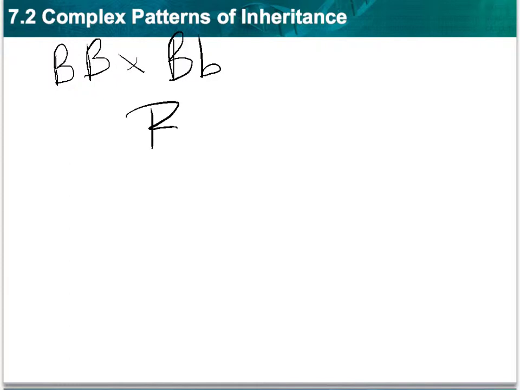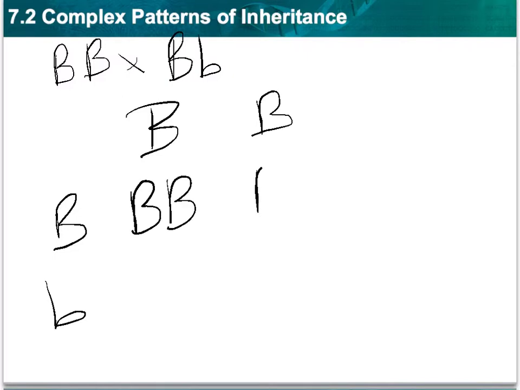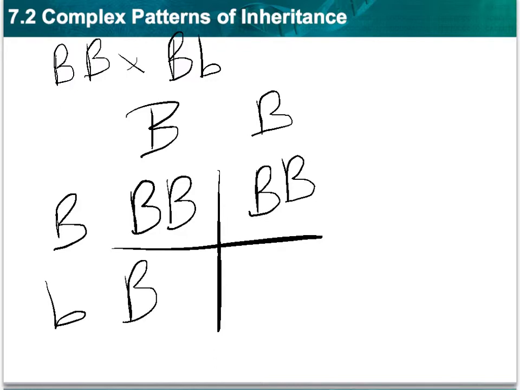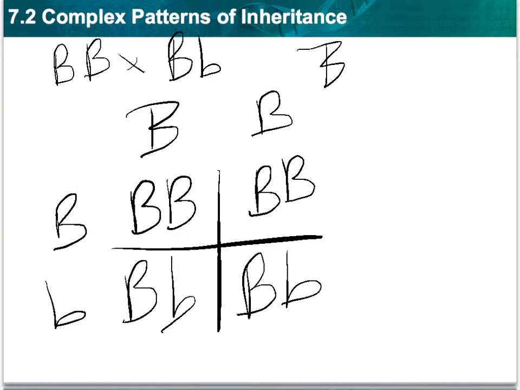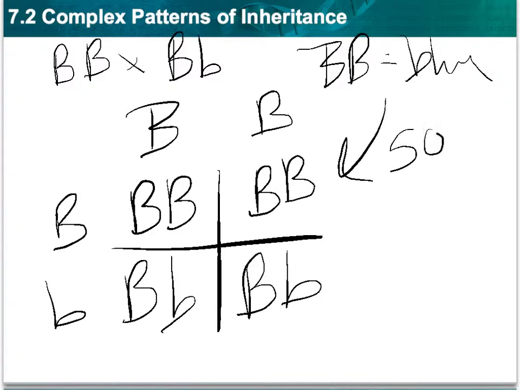So we're going to take our big B big B, and our red guy, which was little b little b. So we're going to get big B little b in every box. So as you guys can see here, since big B big B equals blue, we're going to have 50% blue.